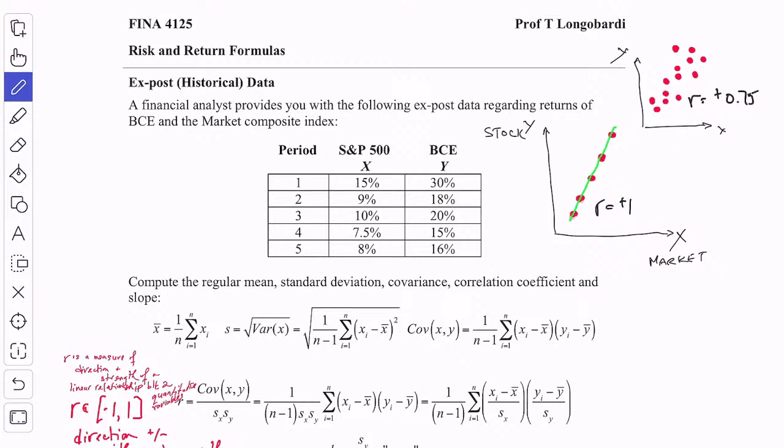Okay, so that's good. All right, so R can be calculated as the standardized covariance. It could also be calculated this way, where if I was to do this manually, I could calculate the deviations from the mean, standardize, and then average them. This is a measure of average.